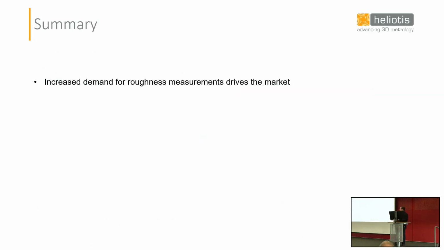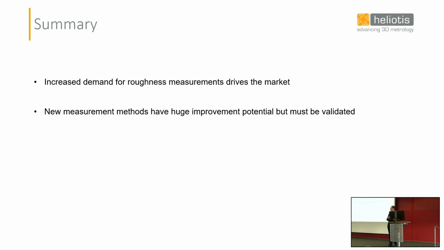Let me summarize. We have learned today that roughness measurements are very much relevant, and roughness measurements are very much required in the industry, especially when it goes down towards low micron to tens or hundreds of nanometer scale roughness. We have learned that the new measurement techniques are really, really good at measuring these.